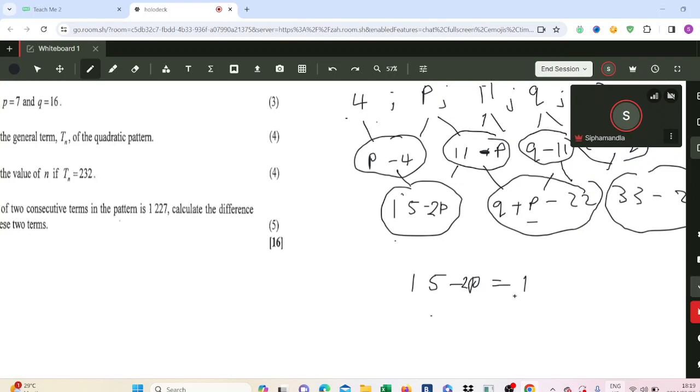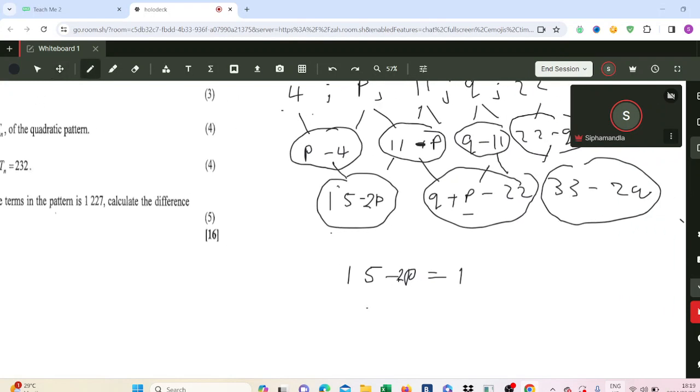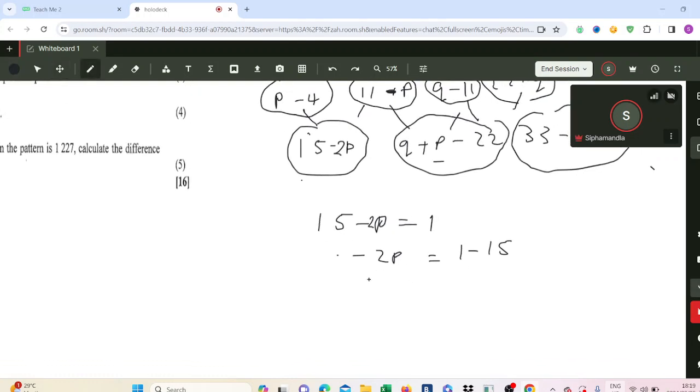So now it's 15 minus 2P equal to 1. Now let's take this 15 to the side, so we'll be left with negative 2P equal to 1 minus 15, and then we'll have minus 2P equal to minus 14, and then we divide by minus 2 on both sides.